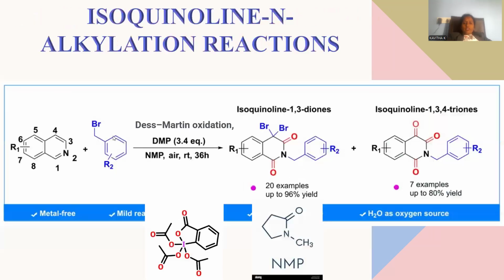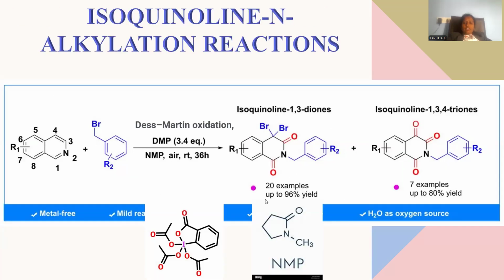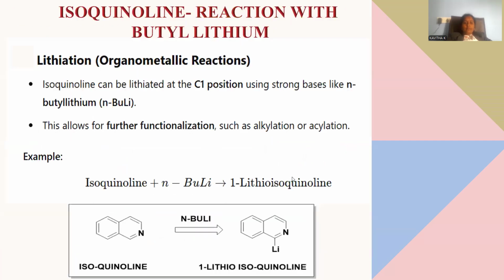So an alkyl halide is able to go with the N-alkylation, whereas the Grignard reagent gives rise to C-alkylation. There is a distinctive alkylation process depending upon the reagent applied. The Grignard reagent gives alkylation over position number 1.